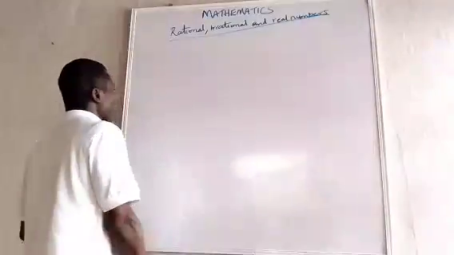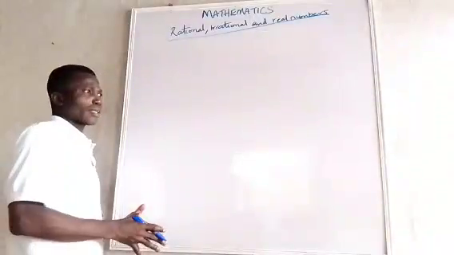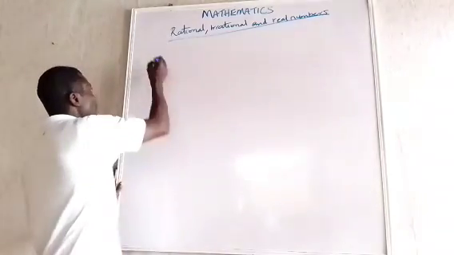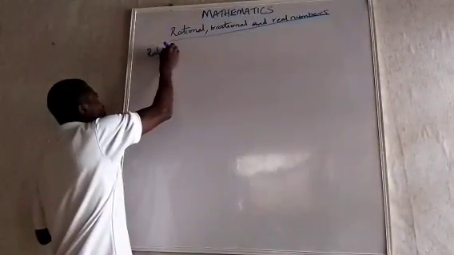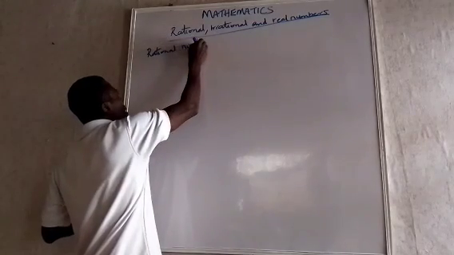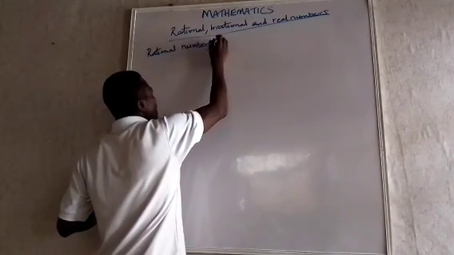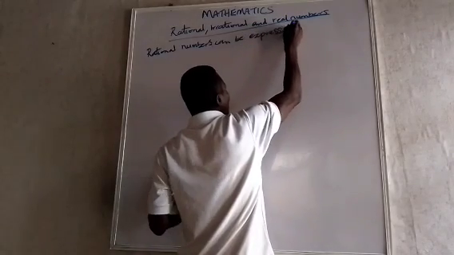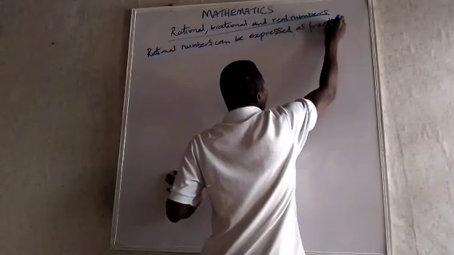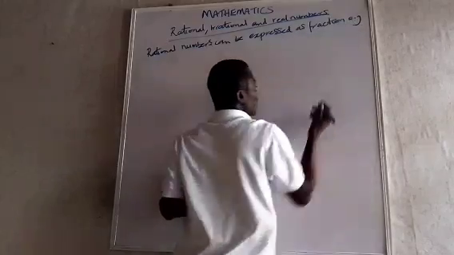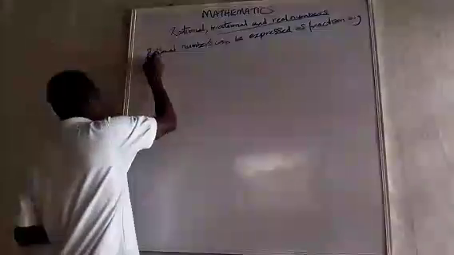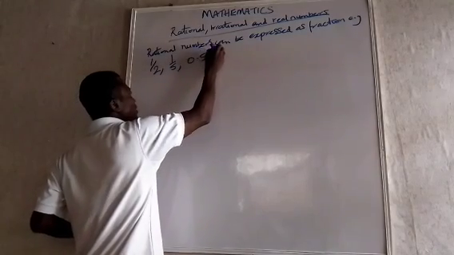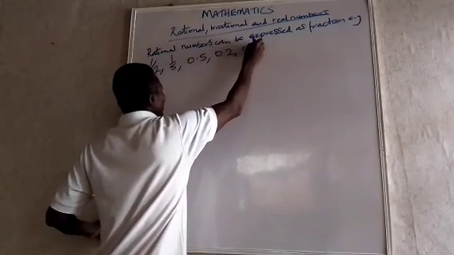Rational numbers are numbers that you can express completely as a fraction. For example, you have a half, 1 over 5, 0.5, 0.2, 0.3, etc.